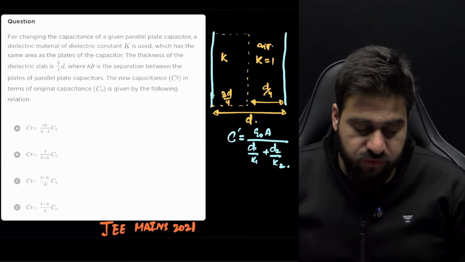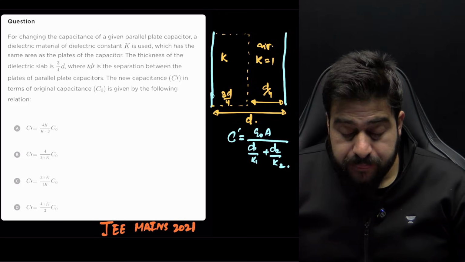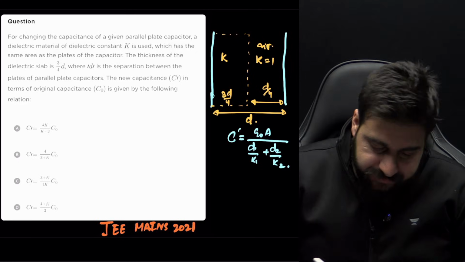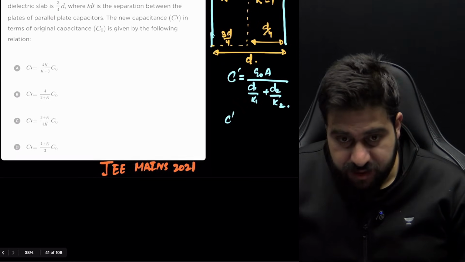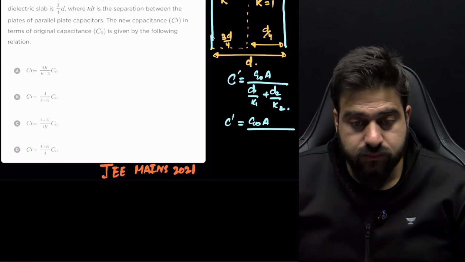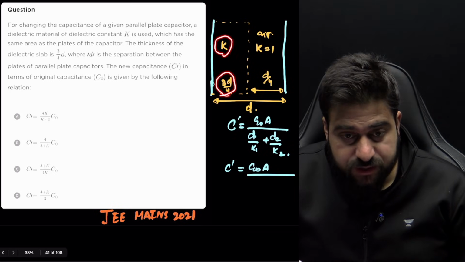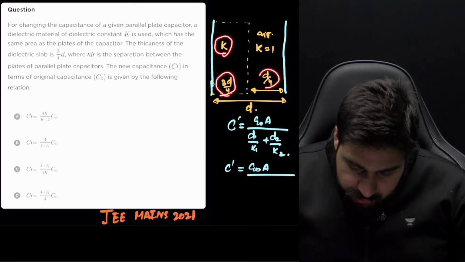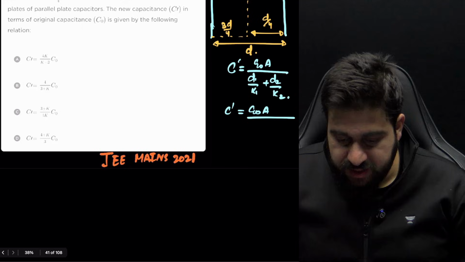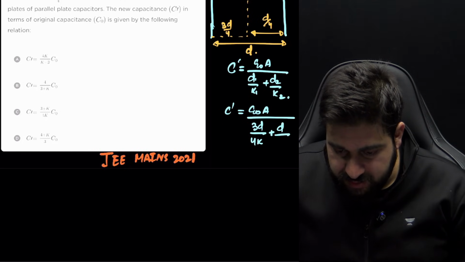This is the formula we use when dielectric slabs are placed in series. D1 is the width of the first dielectric, K1 is the dielectric constant of the first dielectric, D2 is the width of the second dielectric, K2 is the dielectric constant of the second. So C dash is epsilon naught A upon 3D divided by 4K plus D divided by 4.